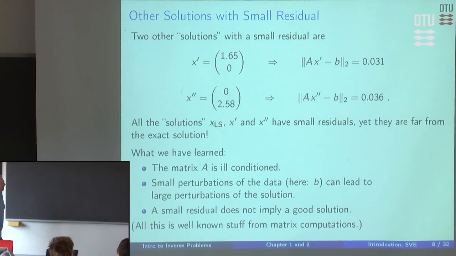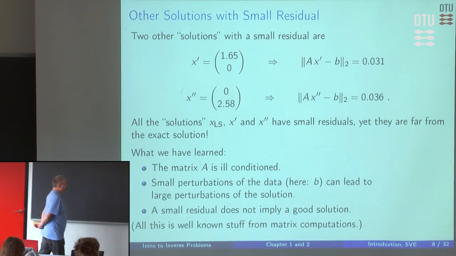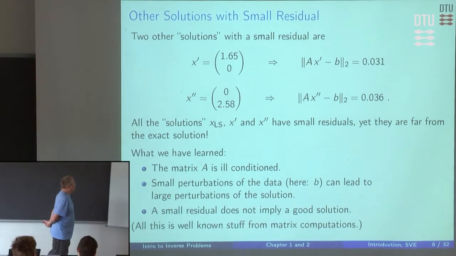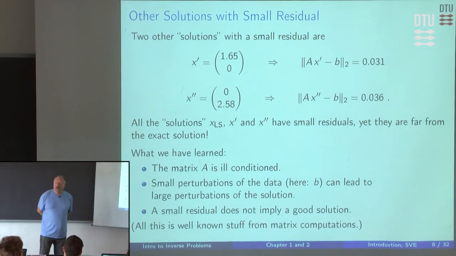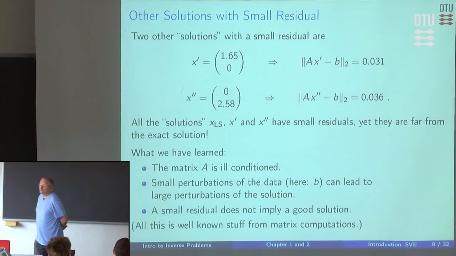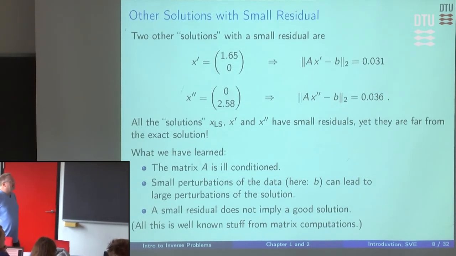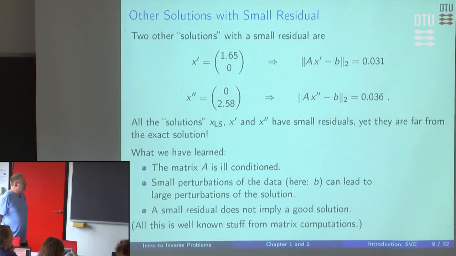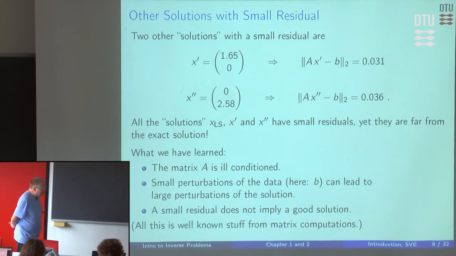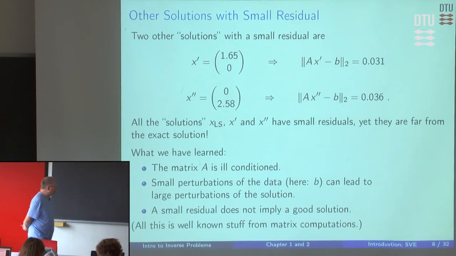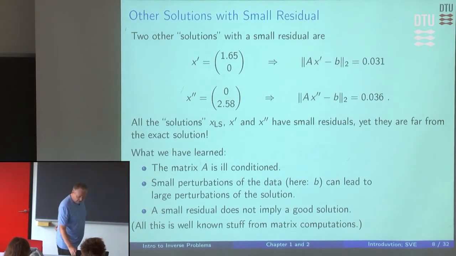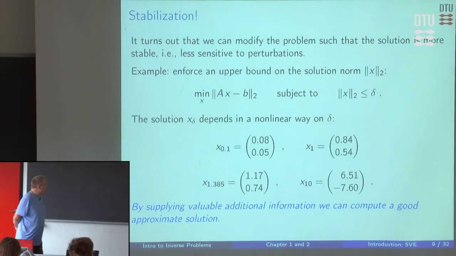Also, we can learn here that if we have an x that gives rise to a small residual, a residual where the norm is small, that does not imply that this x is a good approximation to the true solution. So the size of the residual doesn't really tell us very much about the quality of x. So that's another very important lesson to learn here.